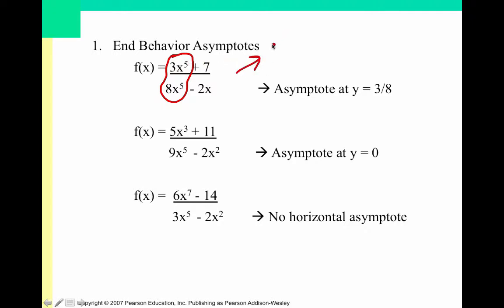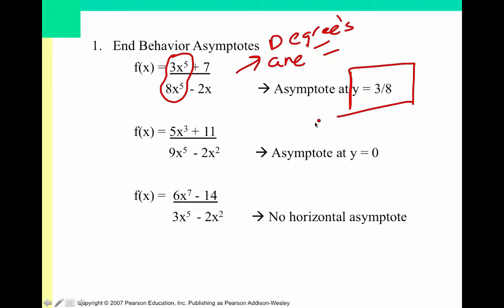So this first one, the degrees are equal, and they kind of cancel each other out. And that's where we get an asymptote at y equals 3/8. And again, that is as we limit as the x's are going to infinity and as the x's are going to negative infinity, this is where our asymptote will be.